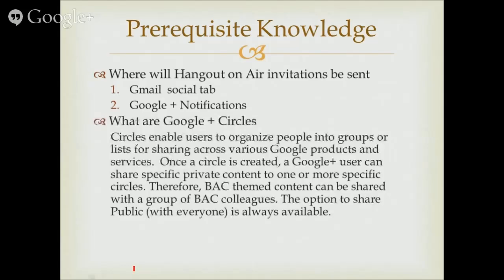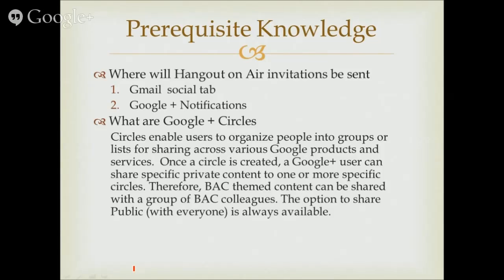As to how these things are sent out, usually we'll invite people in a circle. Now, what a circle is, it's a group identifier. It enables a user to organize people into groups or lists for sharing. And it can be used across a variety of Google products and services.